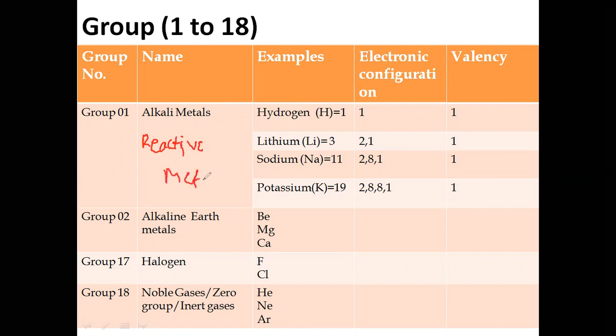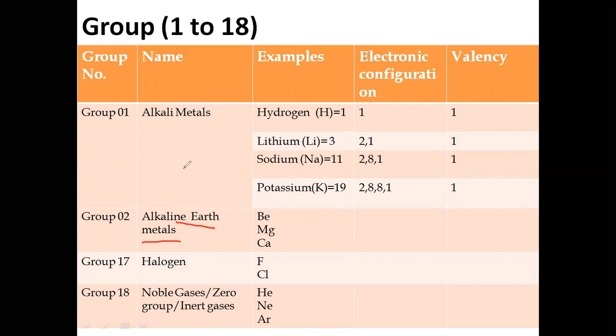Highly reactive metals we call alkali metals, and highly reactive non metals we call halogens. So remember this: highly reactive metals are called alkali metals and highly reactive non metals are called halogens. And the last, what are alkaline earth metals? Alkaline earth metals are metals which we generally get from the earth's crust.